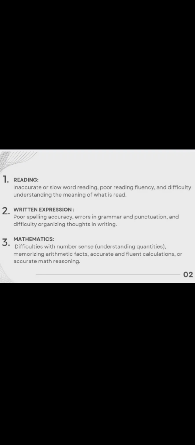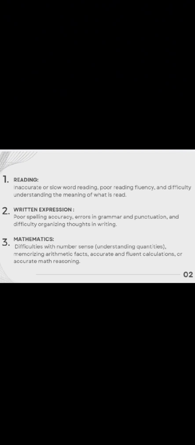So what areas does the specific learning disorder affect? Of course, reading. People may read inaccurately or slowly, and they may have poor reading fluency. Understanding what they read can also be challenging for them. Next is written expression: difficulties with spelling accuracy, errors in grammar and punctuation, and trouble organizing thoughts in writing.